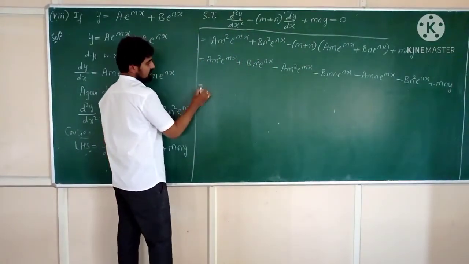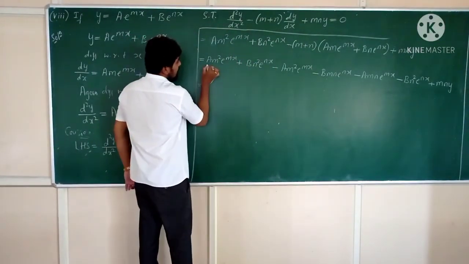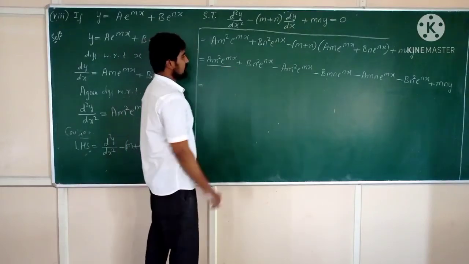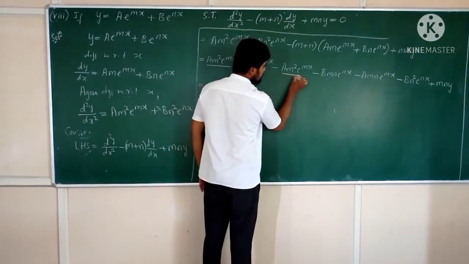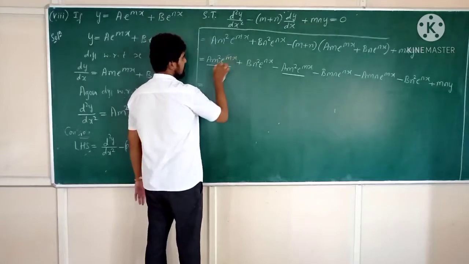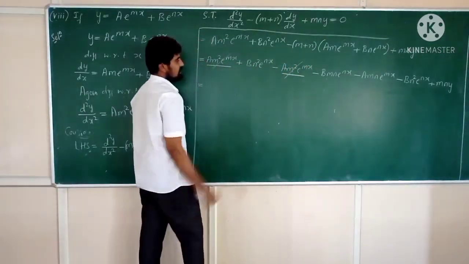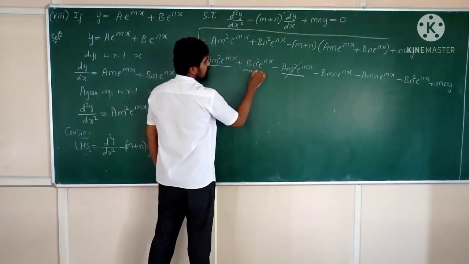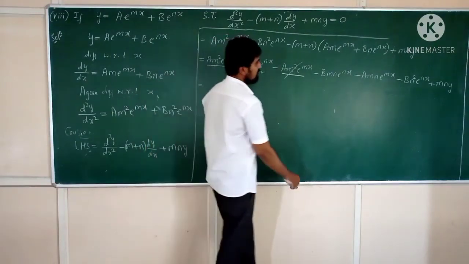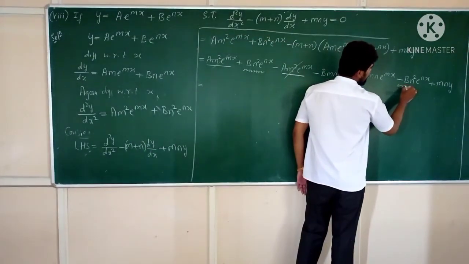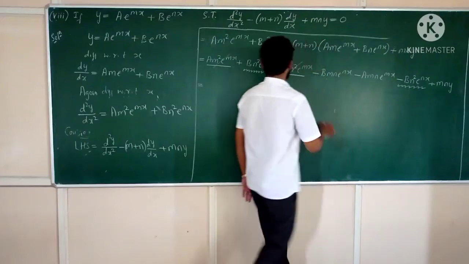Now observe here, plus am square e power mx minus am square e power mx get cancelled, and plus bn square e power nx minus bn square e power nx get cancelled.